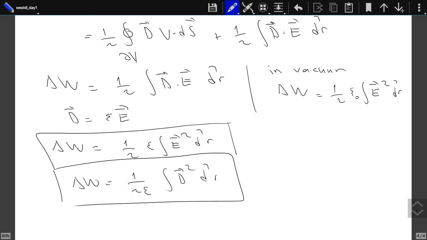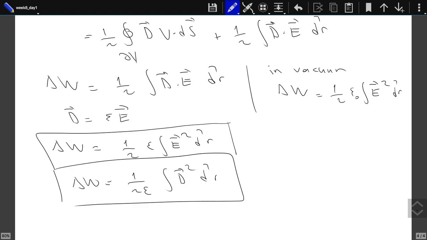Well, kind of. You see, that expression over here is the work that we have to do to bring all the charges from infinity to their final point. Whereas this one over here assumes that our dielectric is already there. The dielectric is there. We are not bringing the dielectric from infinity to there.